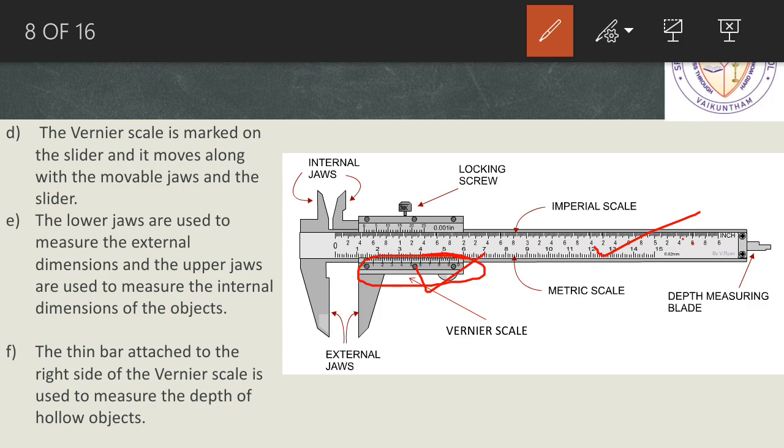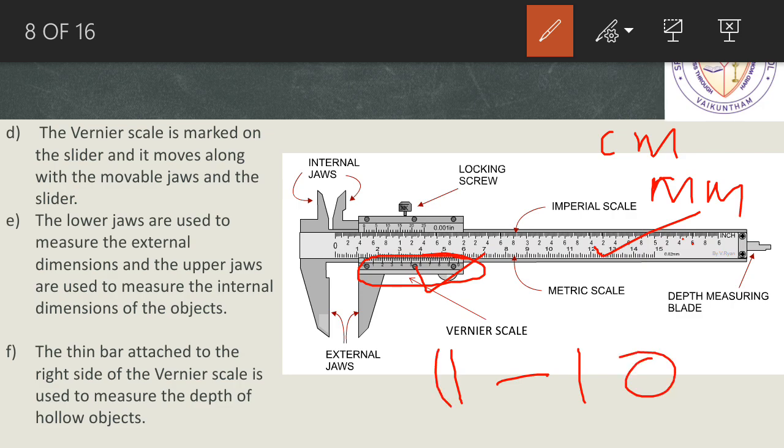In the main scale there will be measurements in centimeters and millimeters, and in the vernier scale you will have numbers from 1 to 10.